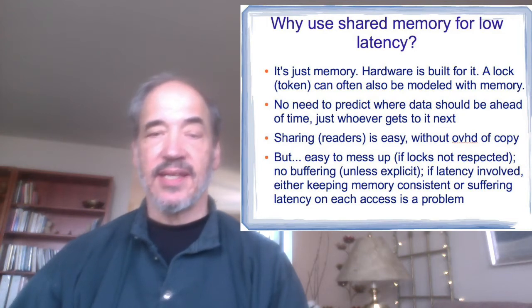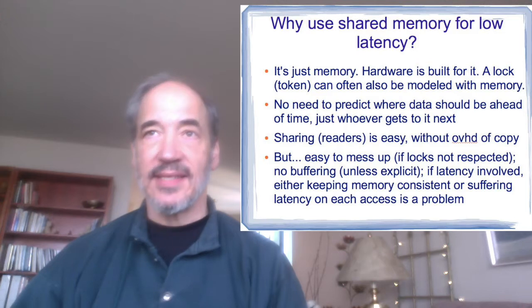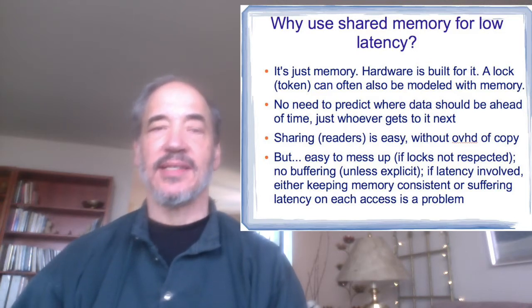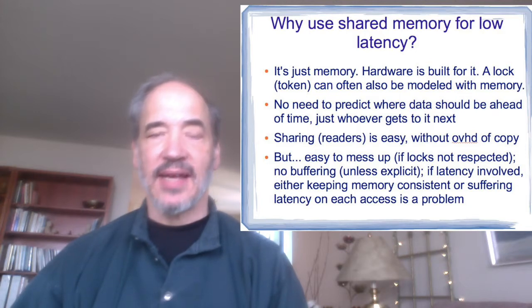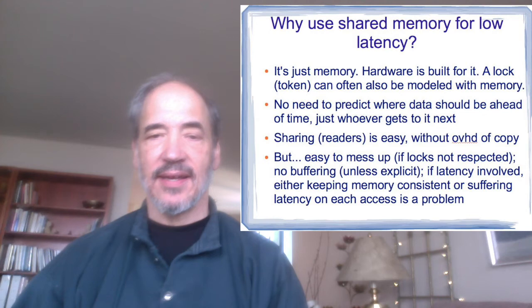There's no buffering unless you explicitly buffer within it, so that if one process is reading and another process wants to write, the writing process has to just wait for the reading processes, unless you put some extra programming into it to handle that situation. And that might very well be modeled as a message passing situation.